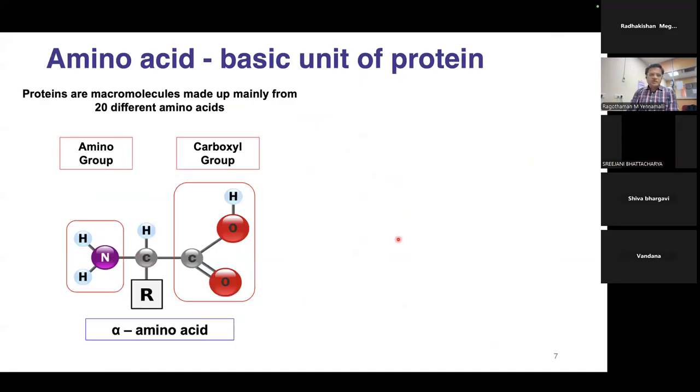So the basic unit of protein, again, all these are the same things that have been covered in the previous talks, but I'm looking at them in a different way. The basic units of protein are amino acids.